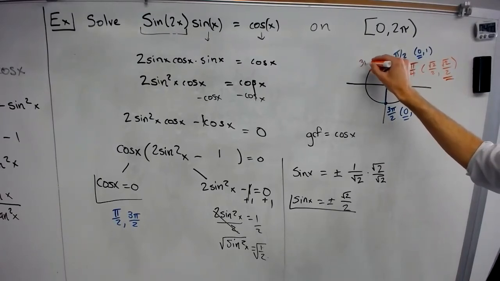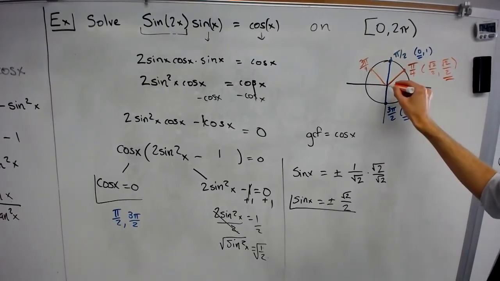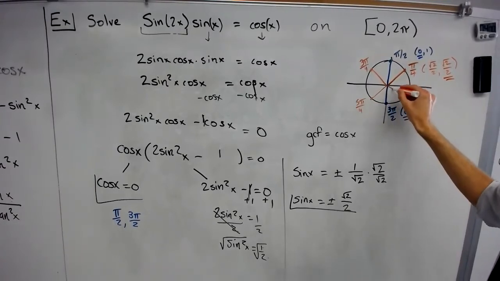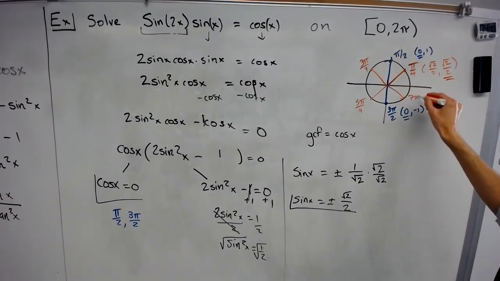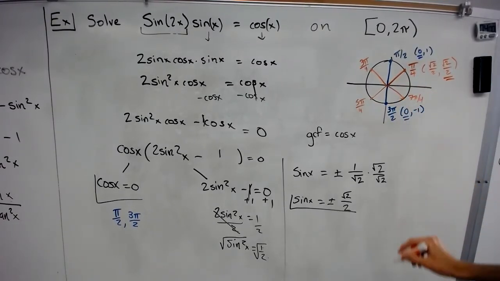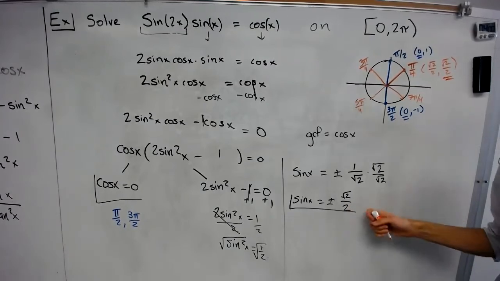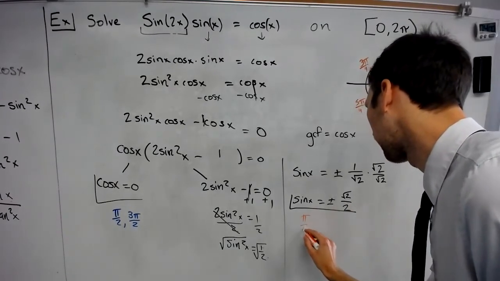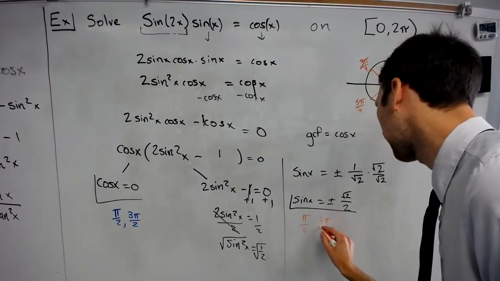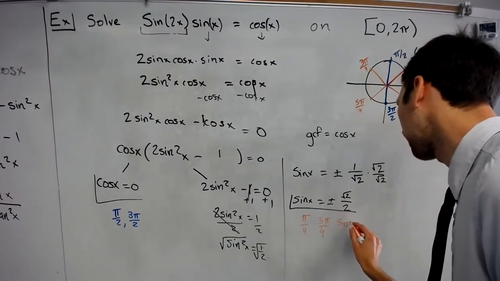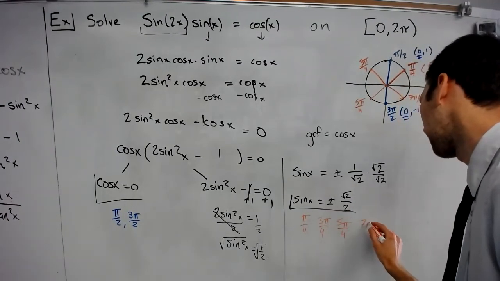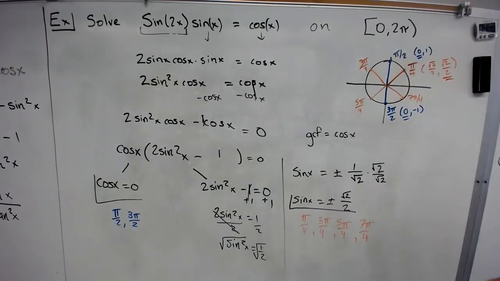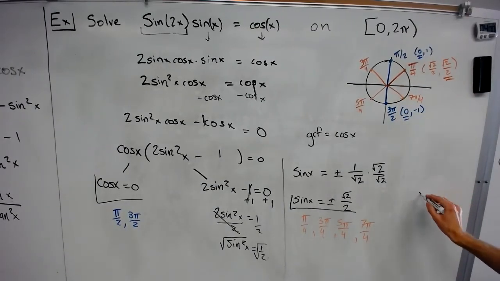Pi over 4, 3 pi over 4, 5 pi over 4, 7 pi over 4. All right, so those are 4 solutions to this part of the equation.